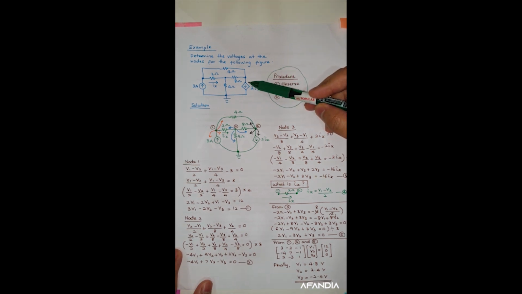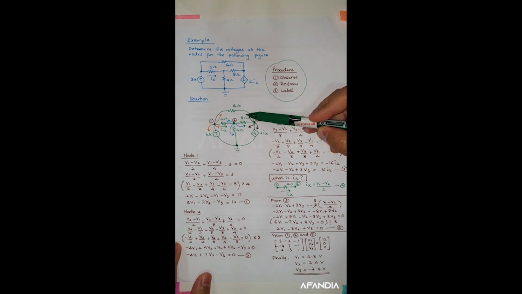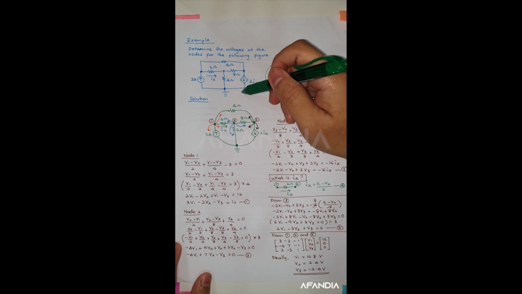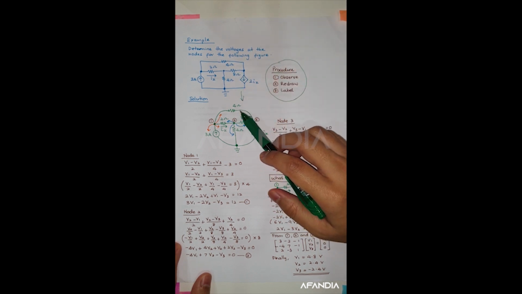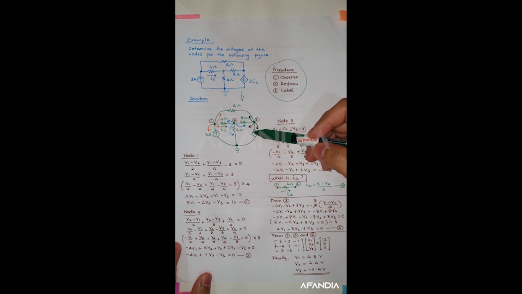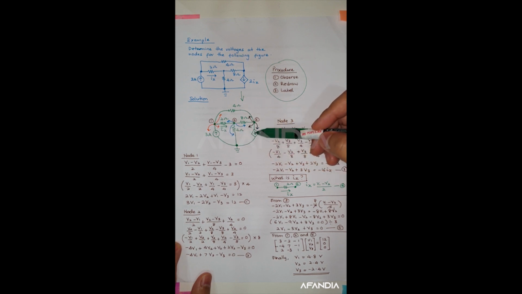If this is the original circuit, the green color is the representation of my new circuit after I redraw it from the original circuit. If you have a look, it is still the same circuit. It's just that I draw this configuration in a bending style to make it easy for us to understand the concept.